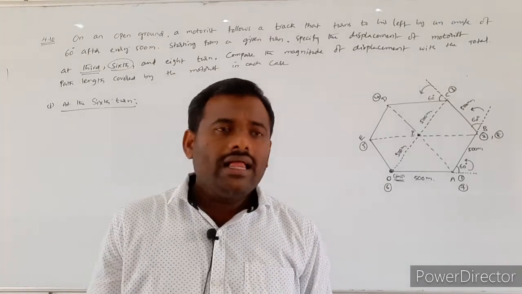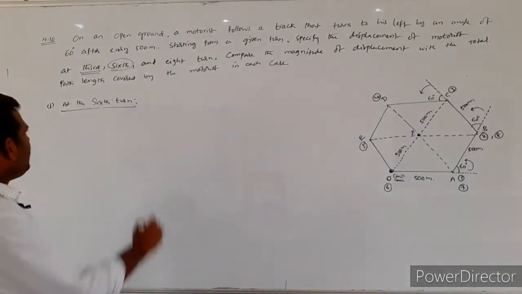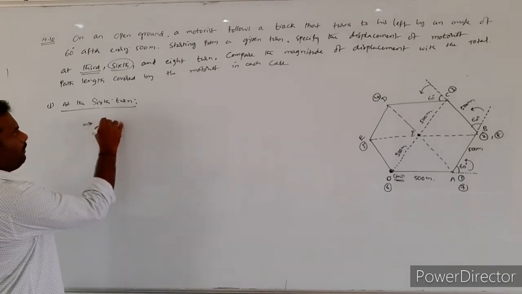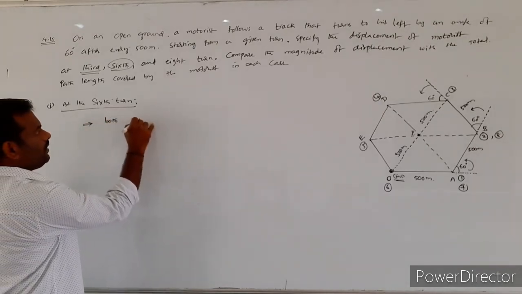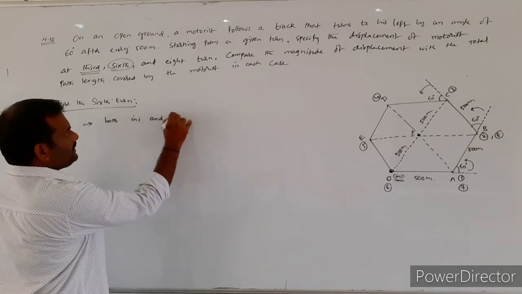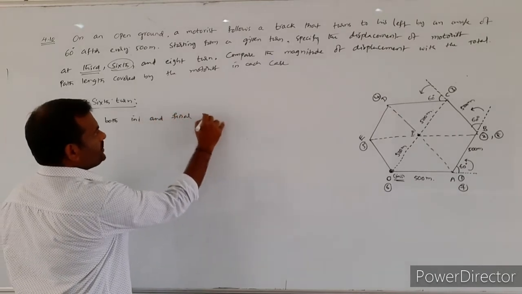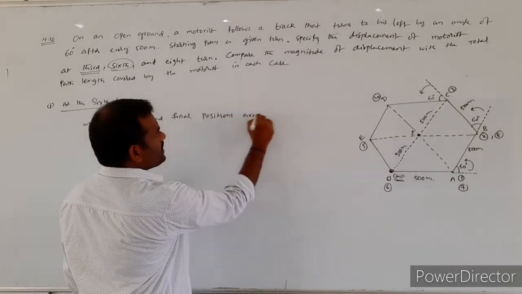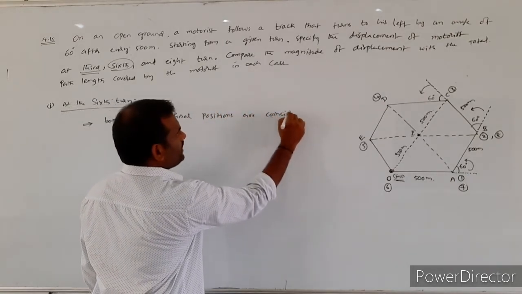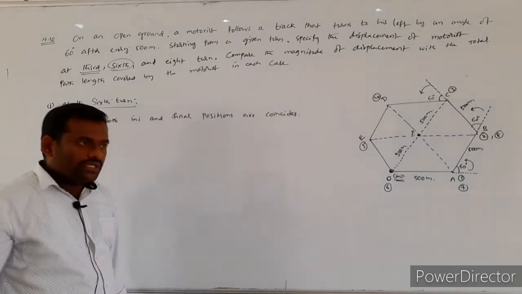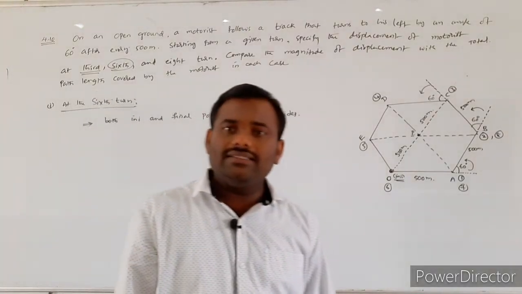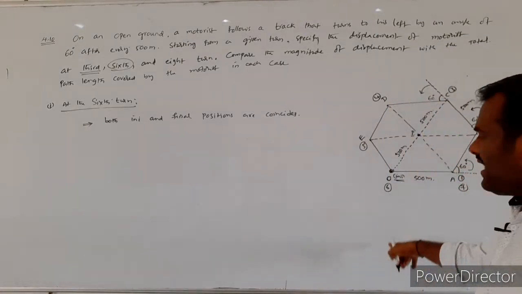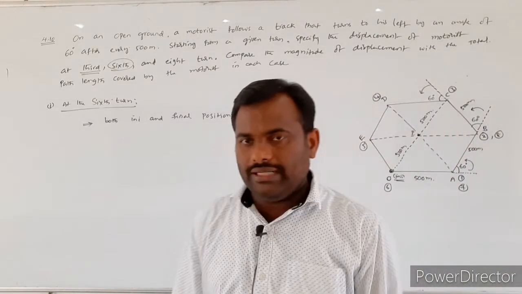That means at the sixth turn, what we have to understand? Both initial and final positions coincide.